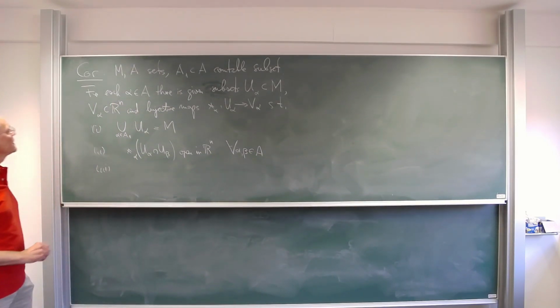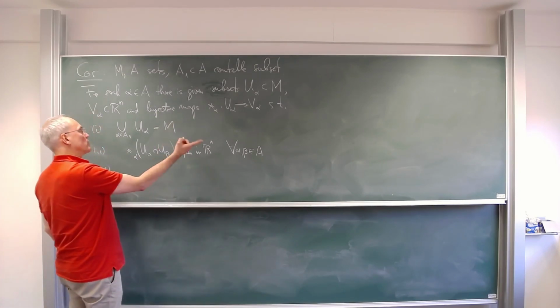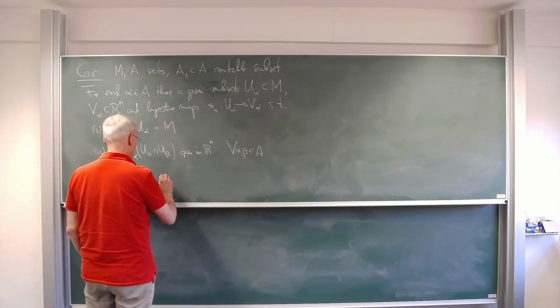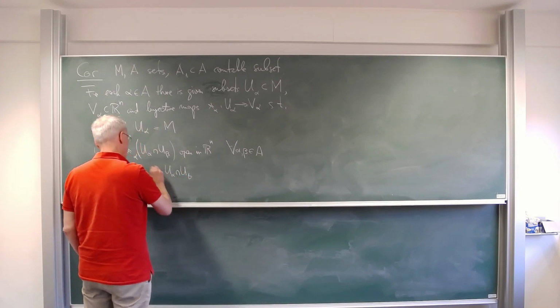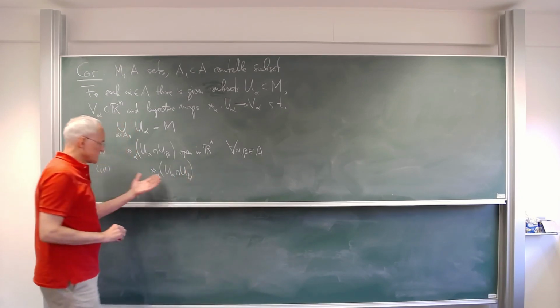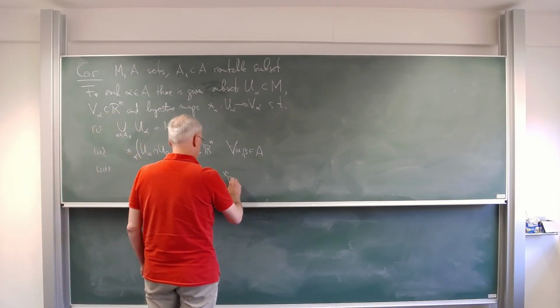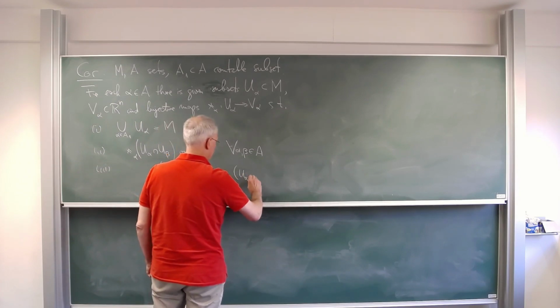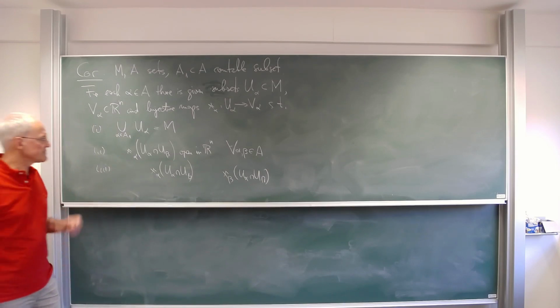Thirdly, going from one X alpha to another one. If you look at U alpha intersect U beta, apply X alpha to it, then this is an open subset of Rn. And we do the same thing with the map X beta, so that's also an open subset of Rn.